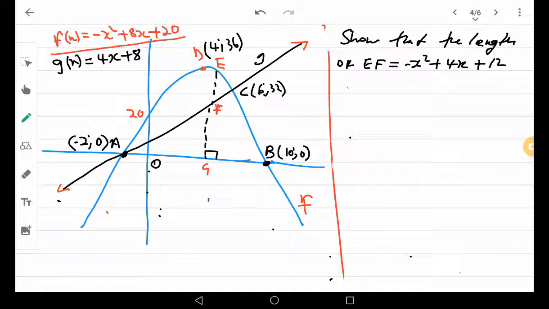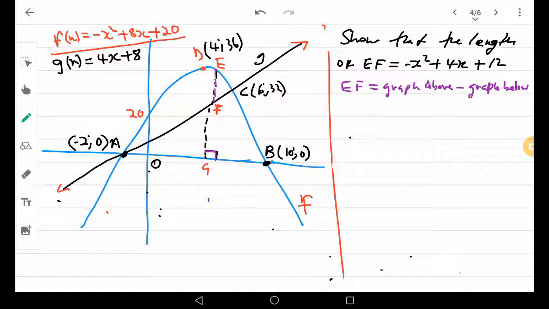So how do we determine a length that is vertical, as long as it is perpendicular? We say the length of EF is equal to the graph that is above minus the graph that is below at that point.